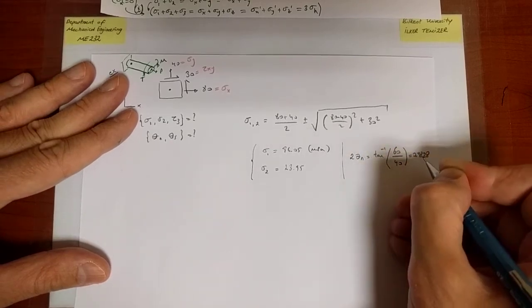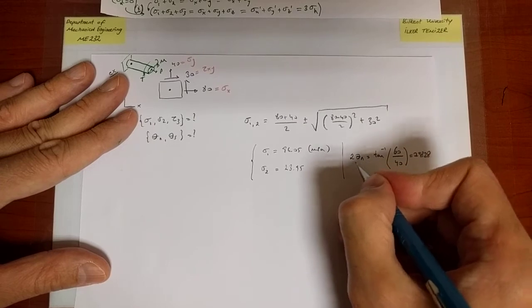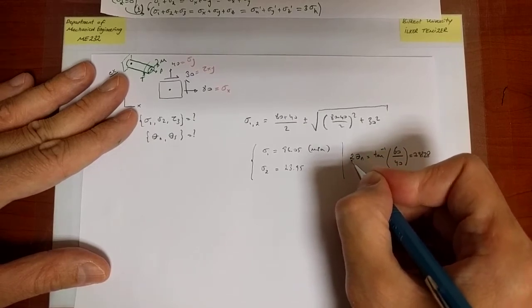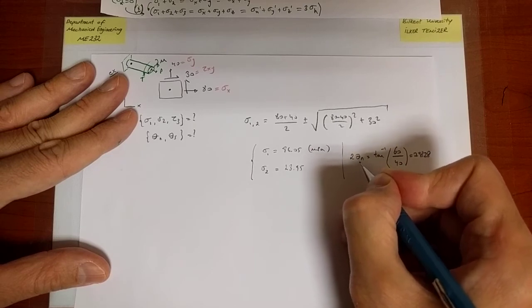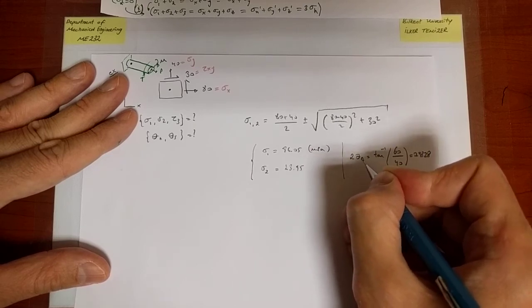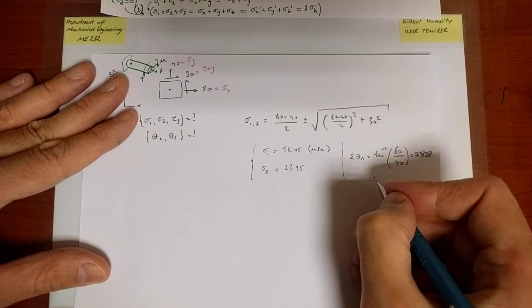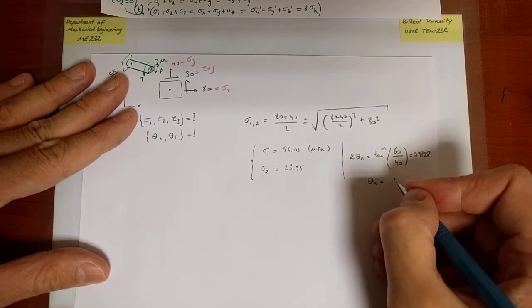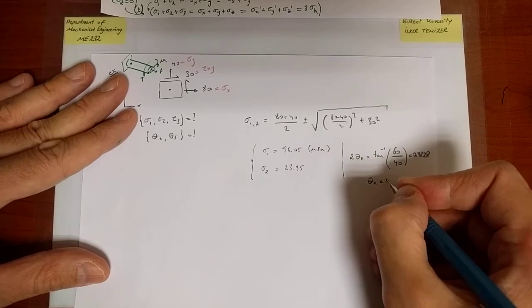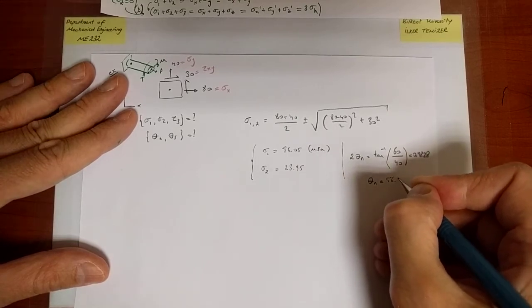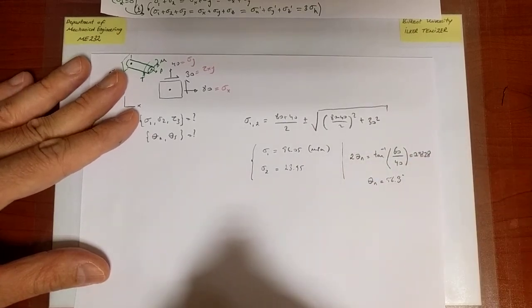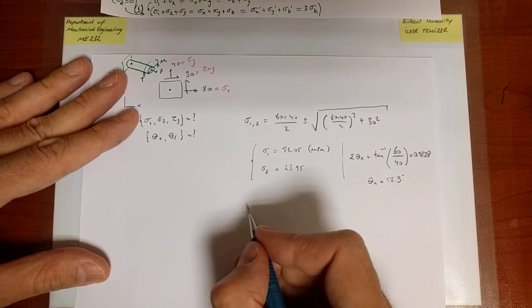Remember, the result is usually in radians. You want to convert that to degrees if you want. Remember that there's always a factor of 2 within the angle that you're trying to calculate. Tangent 2 theta n is equal to that quantity. So as a result, you can calculate that theta n is equal to 56.3 degrees approximately. Okay, good.